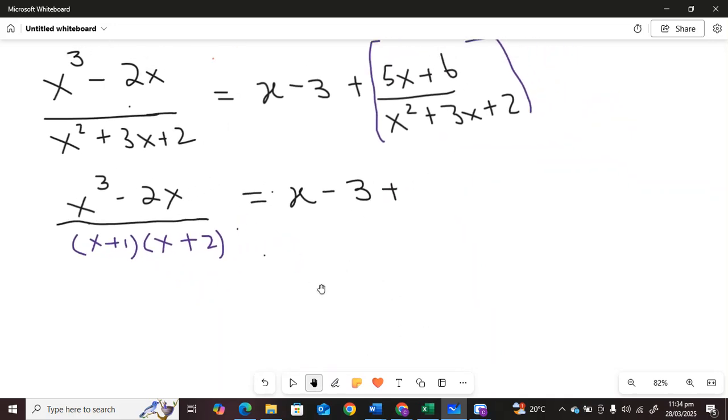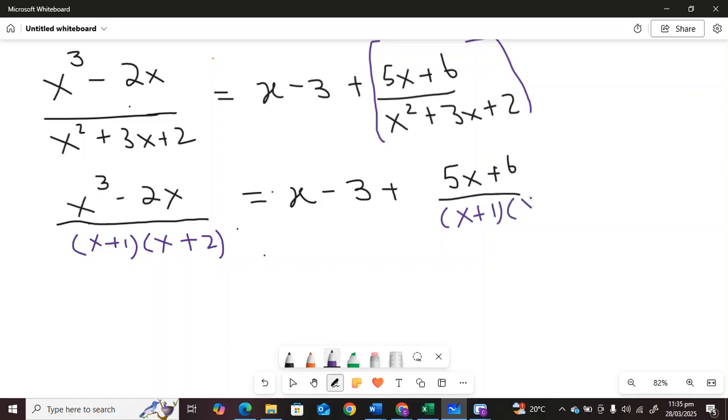x plus one over x plus two. It's the one which we used to break this down.